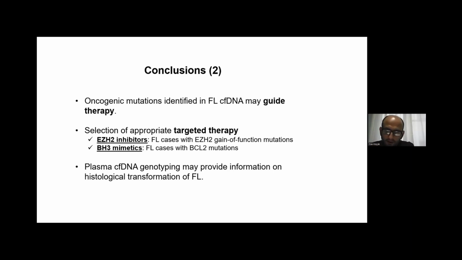And finally, plasma cfDNA genotyping may provide information on histological transformation of FL. We observed these mutations in the cfDNA in one case, but if it is true for other cases, this may provide very valuable information, because before the transformation of FL to aggressive B-cell lymphoma, it may be possible to do early intervention.